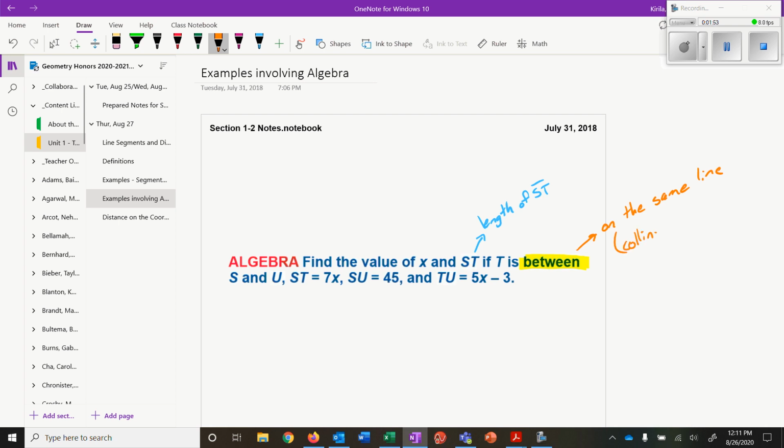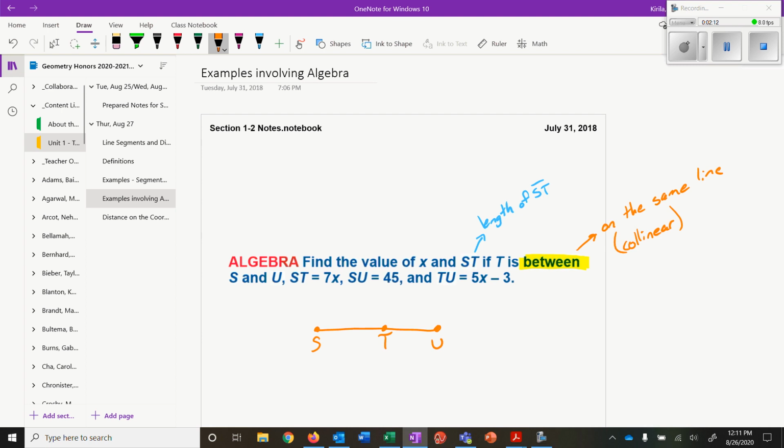That word is collinear. So I'm going to draw a line, and T has to be between S and U. So I'm going to put S over here, here's U, and T is between it.